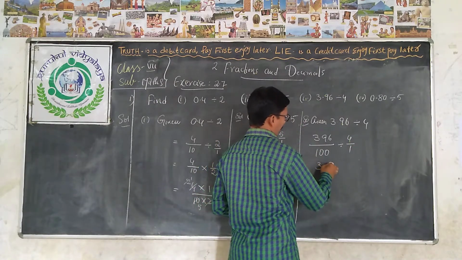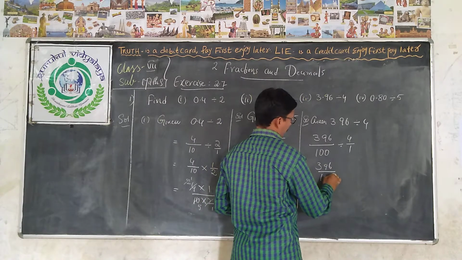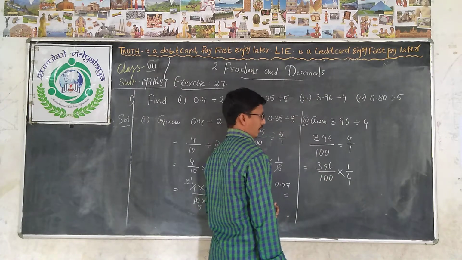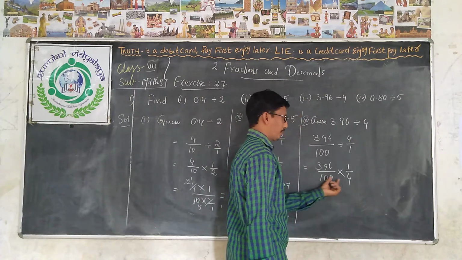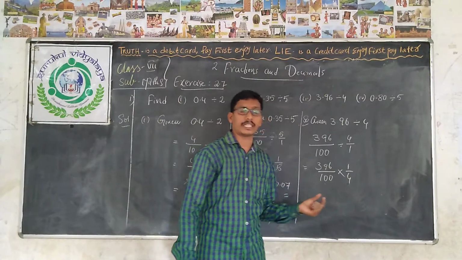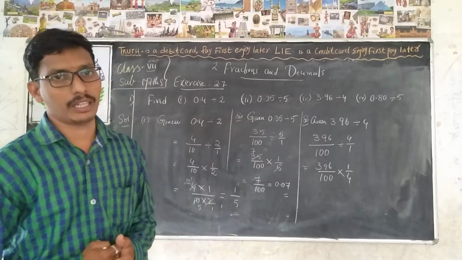Again, 396 by 100 into the reciprocal, 1 by 4. Okay, so now 100 should not be cancelled, but 4 and 396 will be cancelled.